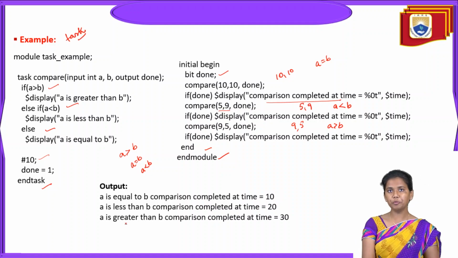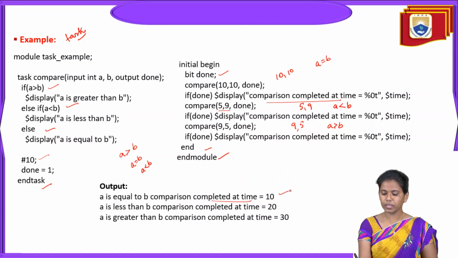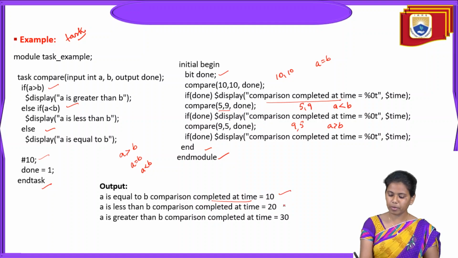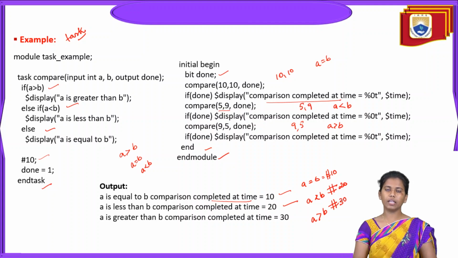And then finally, the output I can get: A is equal to B, comparison completed at time 10 nanoseconds, and the next is at about 20 nanoseconds. That means A is equal to B at 10 nanoseconds of delay, A is less than B at about 20 nanoseconds of delay, and A is greater than B at 30 nanoseconds of delay, right?